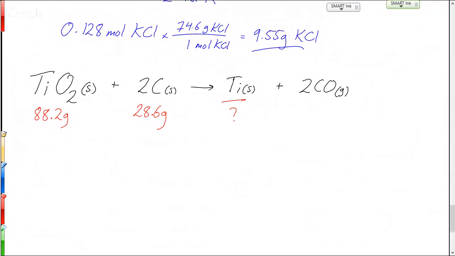Since this is what we're practicing, I'm going to assume it's probably a limiting reactant situation. So that means you need to convert those numbers to moles, compare based on the mole ratio, and figure out which one's in excess and which one is limited. Once you figured out that, then you can use the limiting one to figure out how much product you make. Give that a try. Let me know if you're stuck.